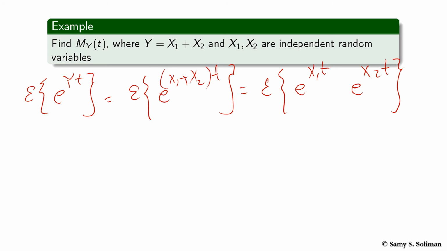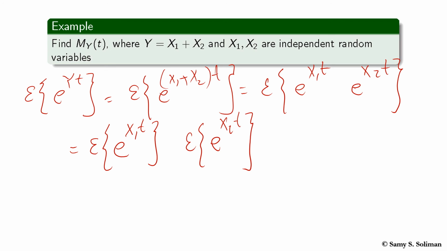Since x1 and x2 are independent random variables, you recall when we derived the expected value of x times y for the case when x and y were independent, that was equal to the expected value of x times the expected value of y. So similarly here, this is equal to the expected value of e power x1 t times the expected value of e power x2 t. Make sure that this step is not correct unless x1 and x2 are independent.